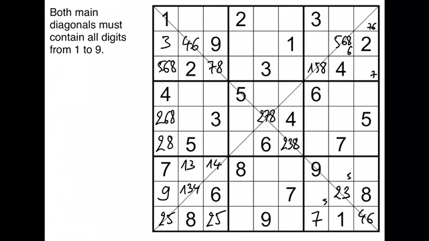These cells can't be 2, 3, 4, 5, 6, or 9. They have to be 1, 2, 7, or 8. This is 1, 2, or 8. This one can't be 2, 5, can't be those digits. It must be 1, 3, or 9.